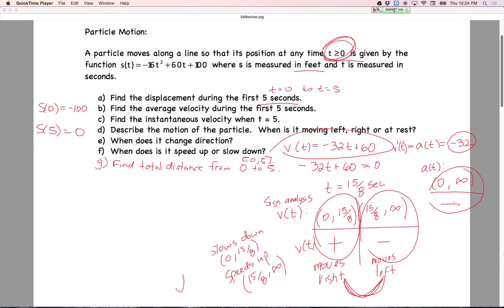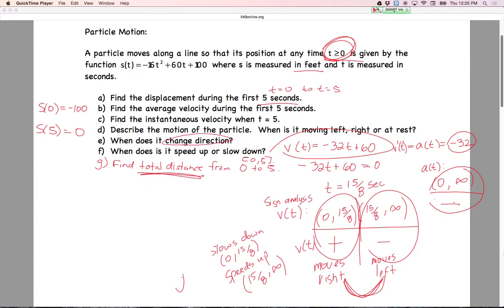So if you're going to calculate total distance, listen, all you have to do is calculate all the displacements that would occur, taking into consideration a change of direction.